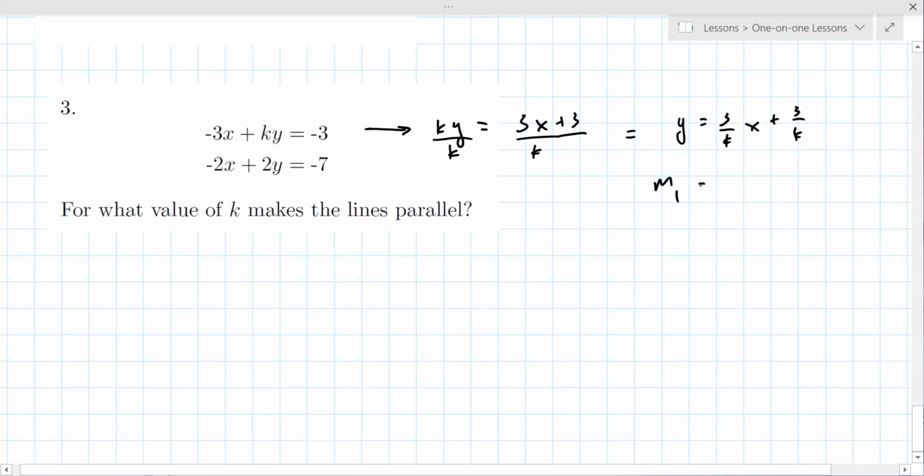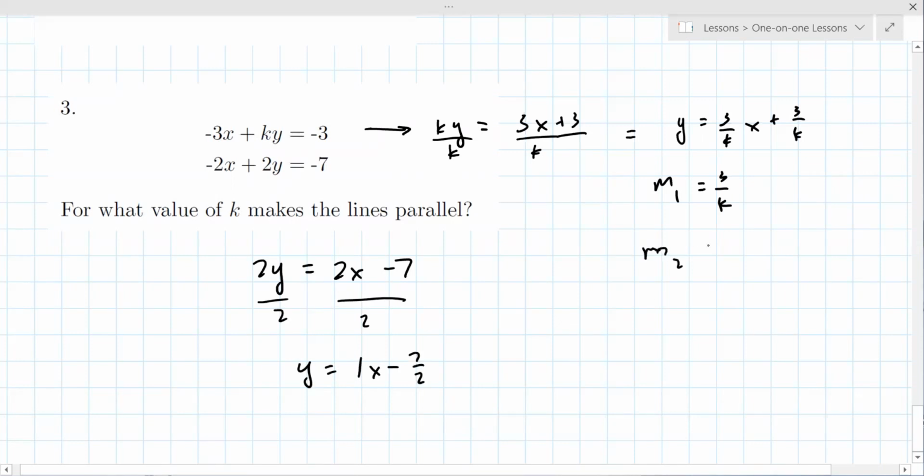So the slope of equation 1 is 3 over k. Equation 2, you're adding 2x to both sides, so 2y equals 2x minus 7, divided by 2. So y equals 1x minus 7 halves. So the slope of 2 is 1. So you set 3 over k equal to 1, and you solve for k, and k ends up equaling 3.